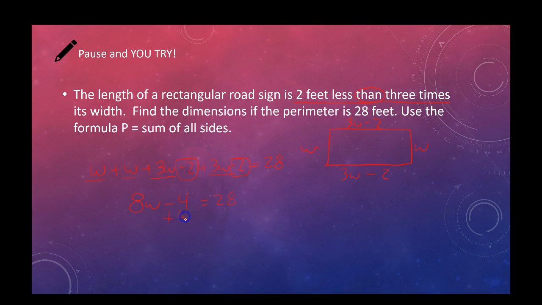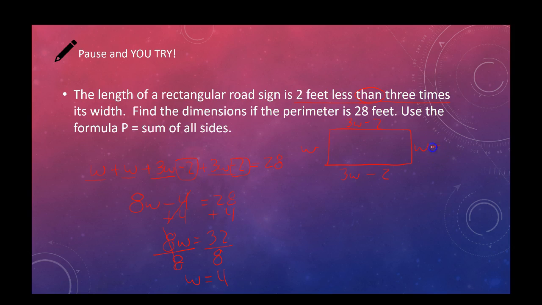Okay, then we'll add the 4 to solve it. And that would give us 32, divide by 8, divide by 8, and you get W equals 4.